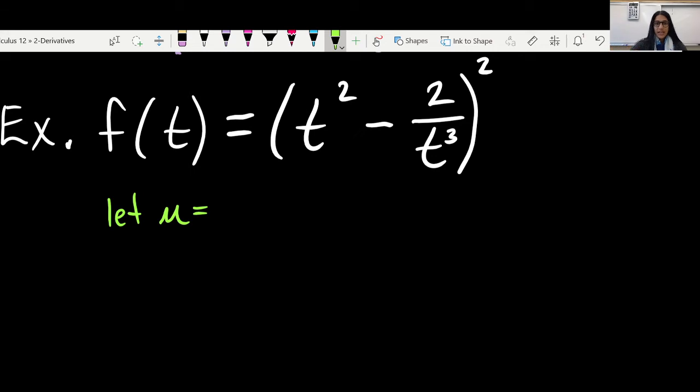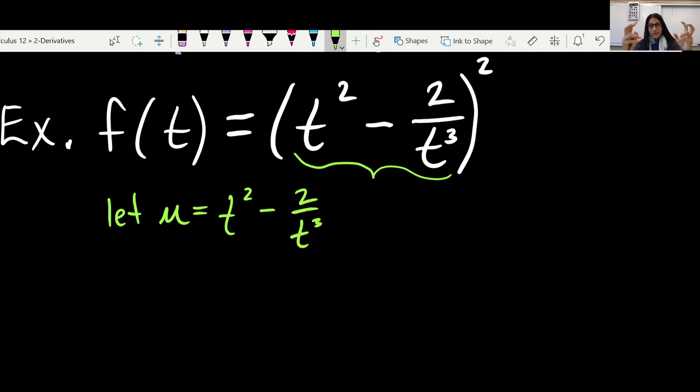I am going to let u equal all the stuff that's in here. And I've basically just chosen a different variable to make things easier. So t squared minus 2 over t cubed is what I'm making the inner function, to refer back to the same terms I used in the last example.